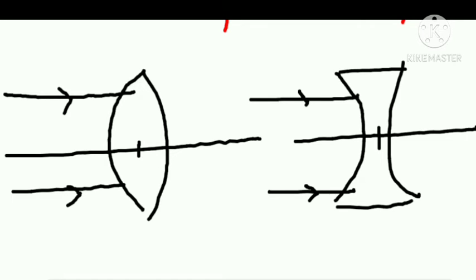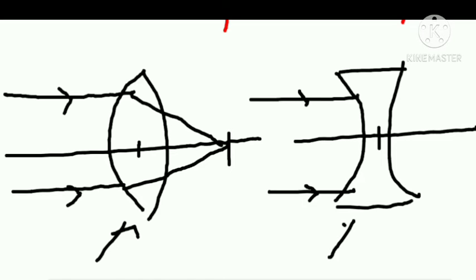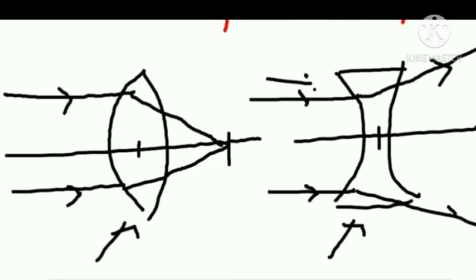In case of convex lens, after refraction they meet at a point. In case of concave lens, the case is different. This particular incident ray of light is diverged, another ray is also diverged, but these both diverged rays of light appear to come from a point on the principal axis.